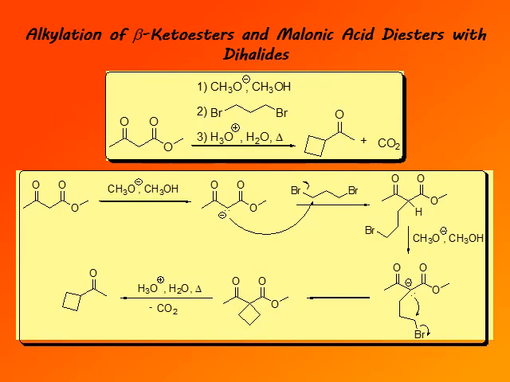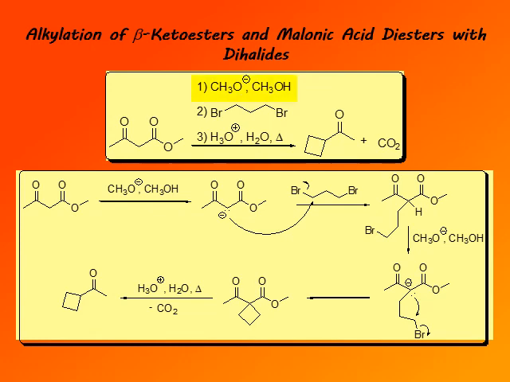Another method to form rings is dialkylation of beta-ketoesters or malonic acid diesters. Dialkylation with a dihalide. And by doing this dialkylation, we can actually prepare rather small rings, because this reaction is kinetic. So it's not thermodynamic, rings cannot undergo ring opening, and so we can actually prepare rather small rings.